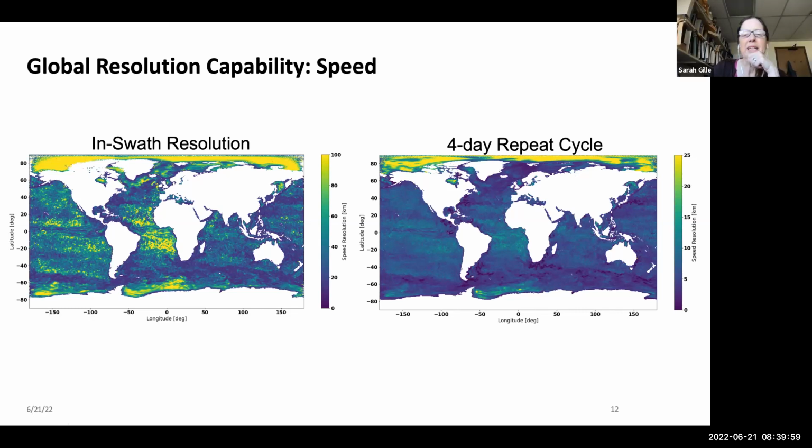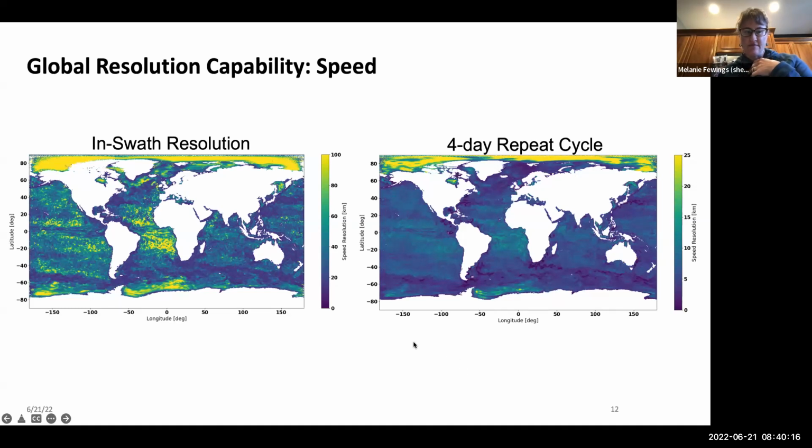Melanie has her hand up, so let's go with that. Thanks, Alex, for a very nice talk. Continuing on what Clément said about the features moving during the 4 days, one thing people have mentioned is the possibility that researchers would assimilate the in-swath data to make reanalyses, which would obviously be the ideal way to dynamically interpolate.